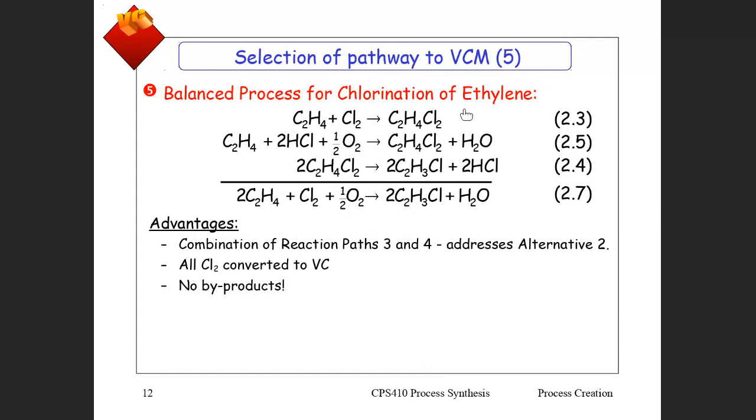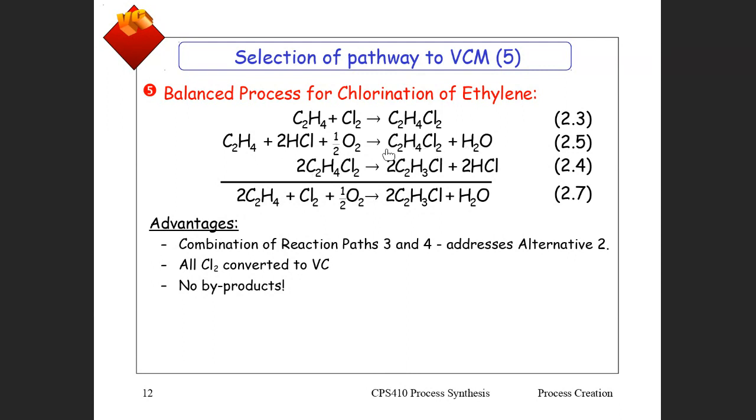A balanced process for the chlorination of ethylene. So there we go. The first one we dealt with: ethylene and chlorine makes dichloroethane. Ethylene plus HCl, that's also the oxychlorination to make dichloroethane, and water.